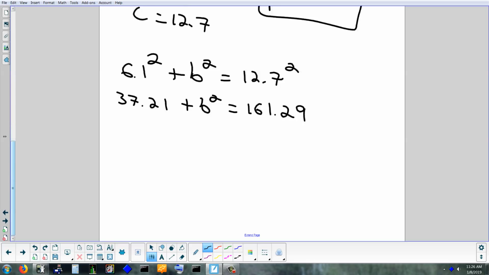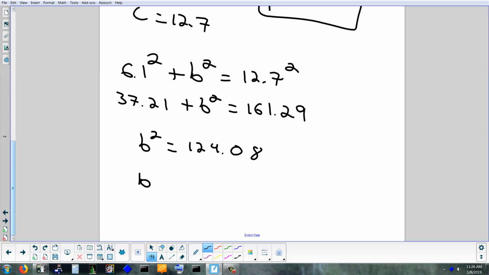All right. Now I need to bring 37.21 to the other side, so we're going to subtract it. So I need 161.29 minus 37.21. 124.08. All right. Now, is b 124? No, that's b squared.